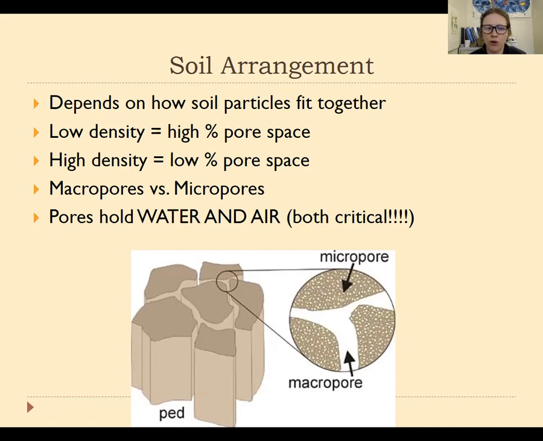But the pores are important to hold both water and air. They're both important. Soils and soil organisms need both. And in general, remember, the macropores are going to be more important at moving water and air around the soil to get to organisms. Besides bacteria. Bacteria can get into the micropore areas and access them, but most other organisms can't.